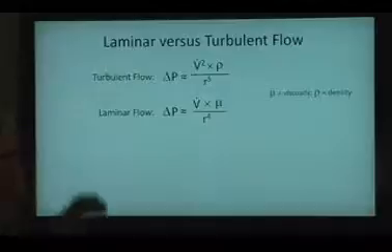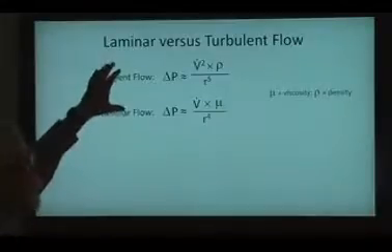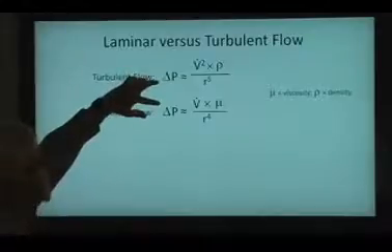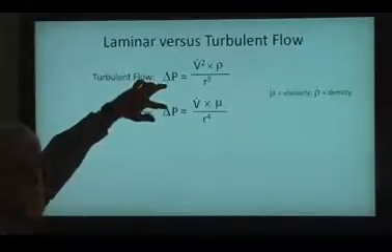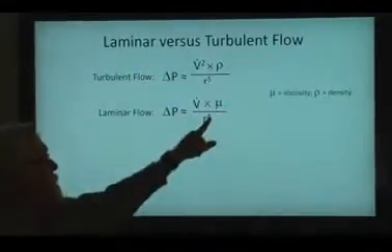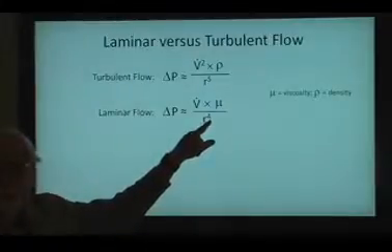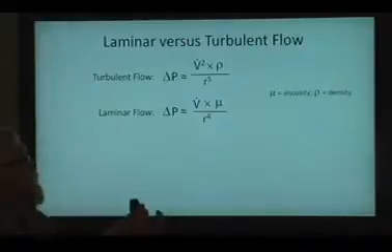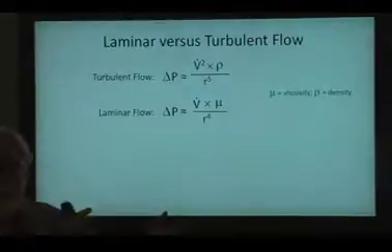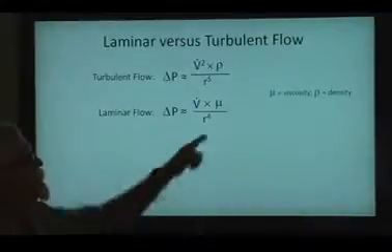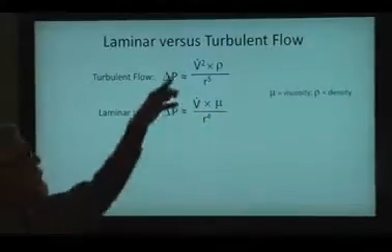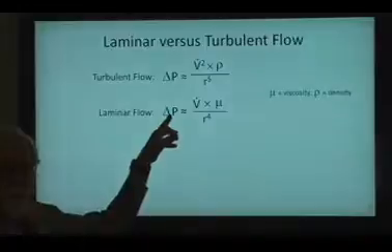But for either turbulent or laminar flow, we can affect the amount of pressure or the amount of energy required by flow by changing the radius of the airway. So if we get secretions in the airway, the radius goes down and the amount of pressure required goes up. If we get bronchospasm, the radius goes down and the amount of pressure needed to produce flow increases.